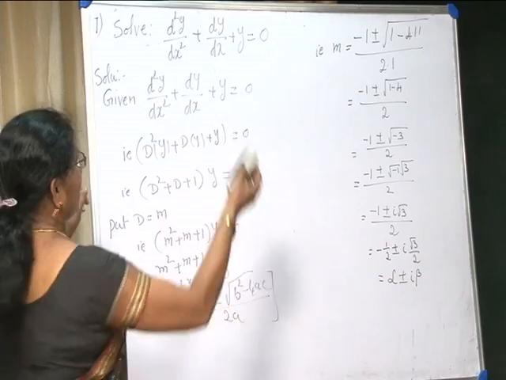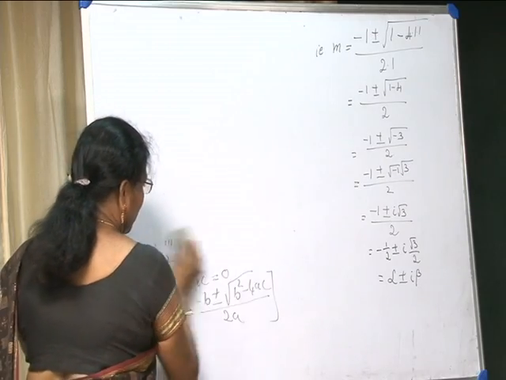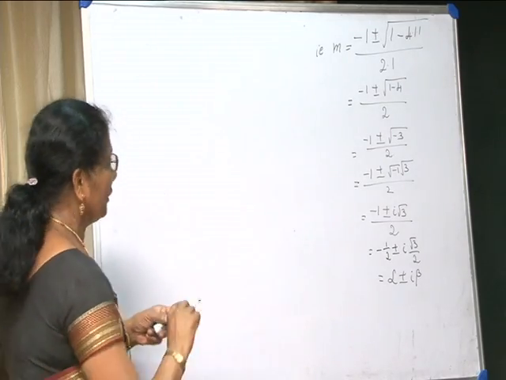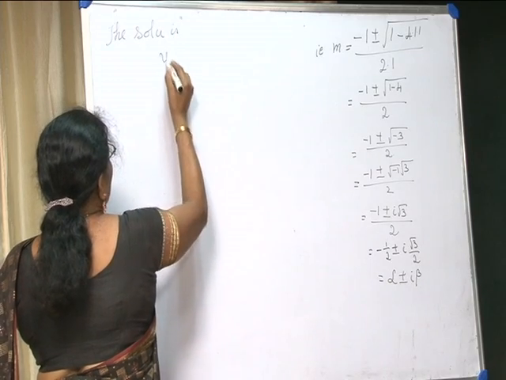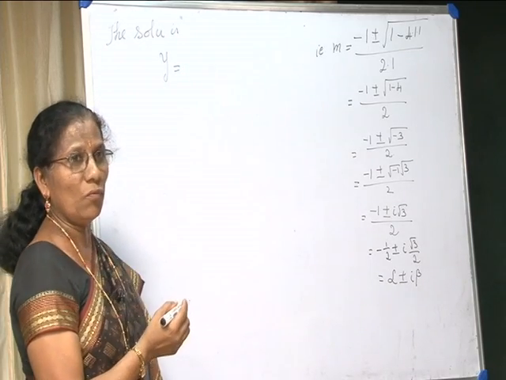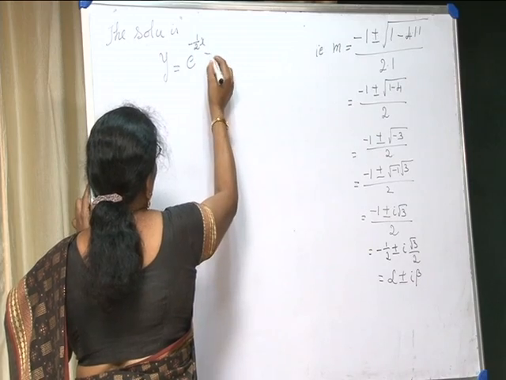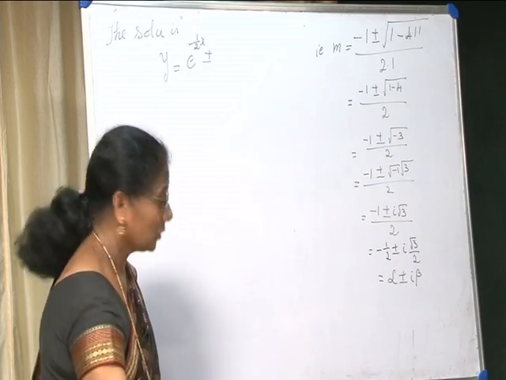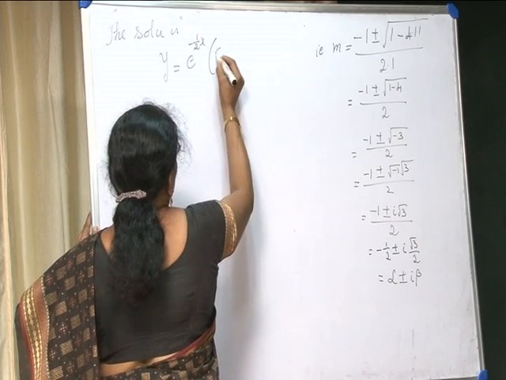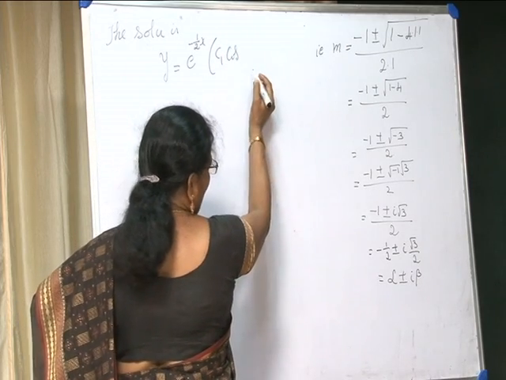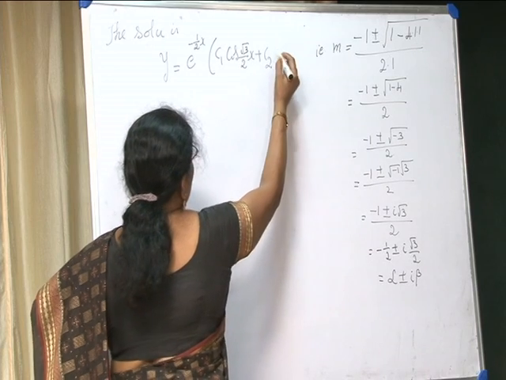Therefore, when the roots are complex numbers, when the roots are imaginary, the solution is y is equal to e to the power of alpha x, alpha value is minus 1 by 2, so e to the power of minus 1 by 2 x, into c1 cos beta x, cos root 3 by 2 x, plus c2 sin root 3 by 2 x.